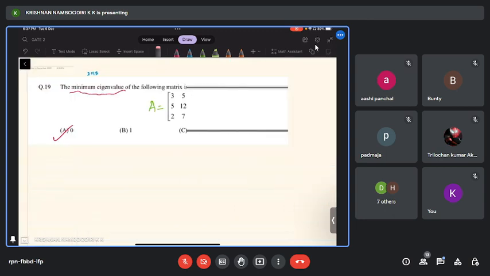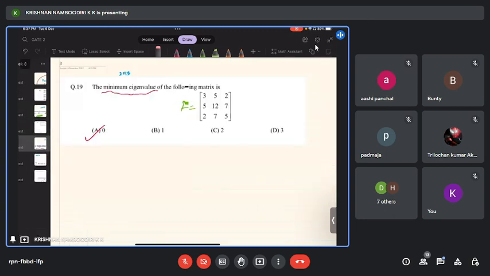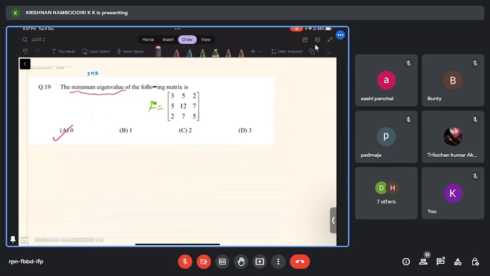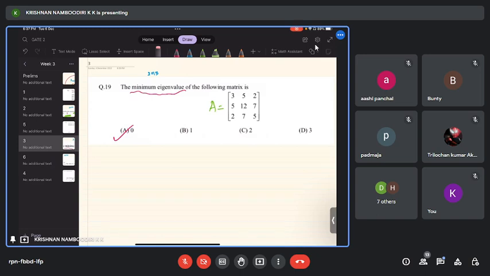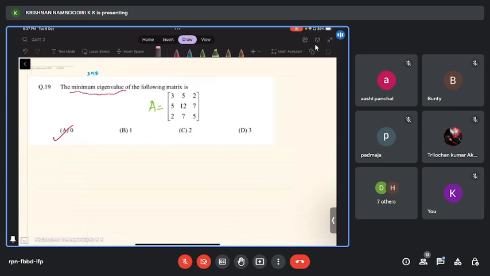Correct? Yeah. So now you can see the question, right? If we can show that A is a rank deficient matrix, then 0 is an eigenvalue, correct?